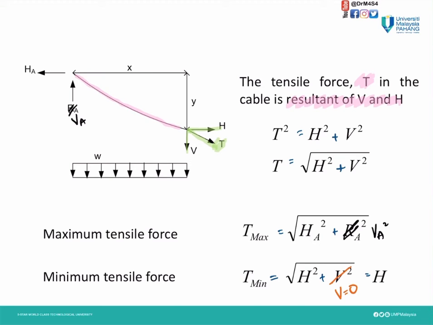Therefore, this is the formula for tensile force, square root of H square plus V square. For the maximum tensile force, Tmax is the square root of H power of 2 plus V power of 2, and it is minimum when V is 0. Therefore, Tmin equals H, which is the horizontal force.